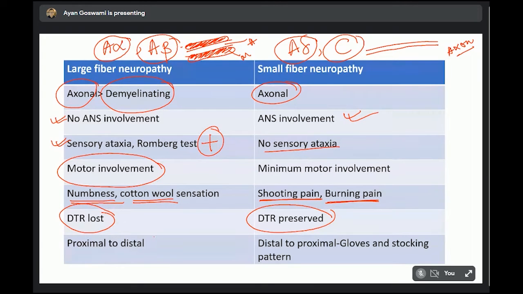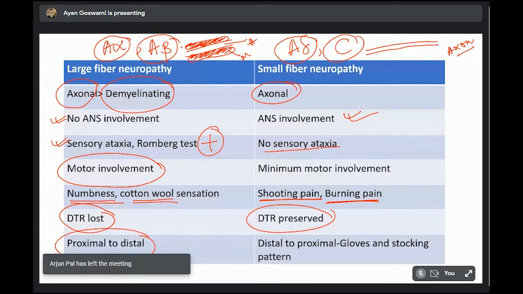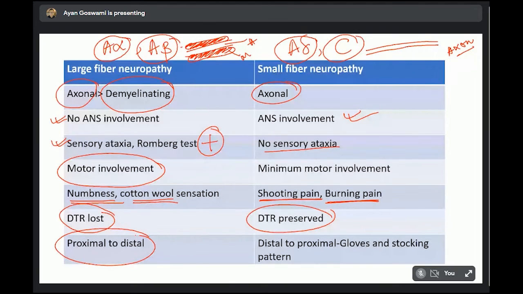Large fiber neuropathy is proximal to distal, that means proximal muscles will be affected first, as motor involvement is there, so there might be paralysis, whether demyelinating or axonal.